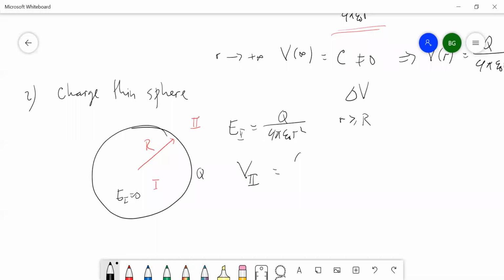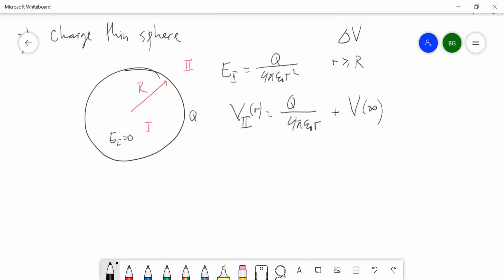We could also take V of r as Q over 4 pi epsilon 0 r plus C. Okay, C, let's say, I replace it by V at infinity. Sorry, let's say just write C, okay?